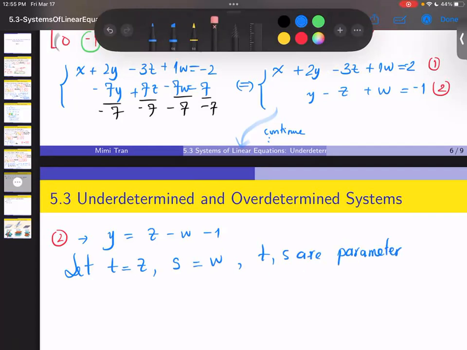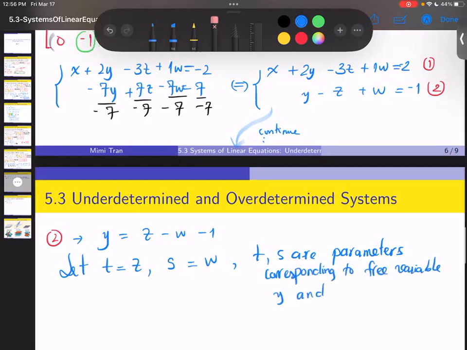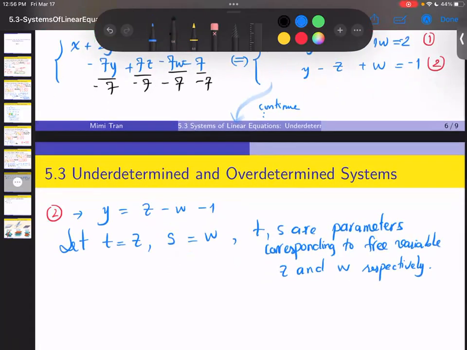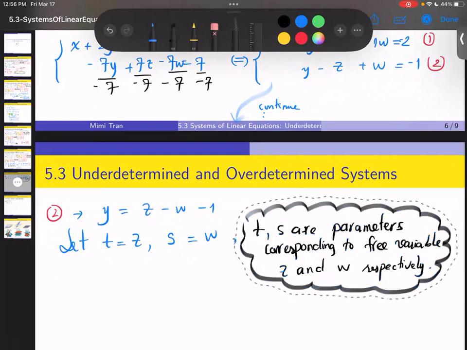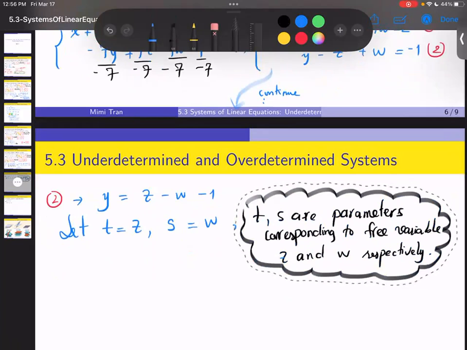Here parameters corresponding to free variables, no, sorry, z and w, respectively. Just note.